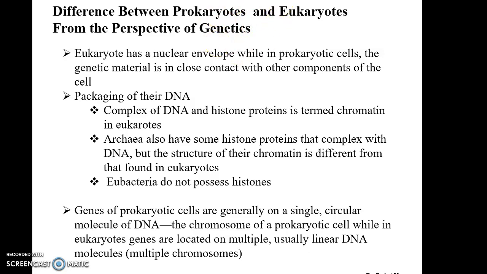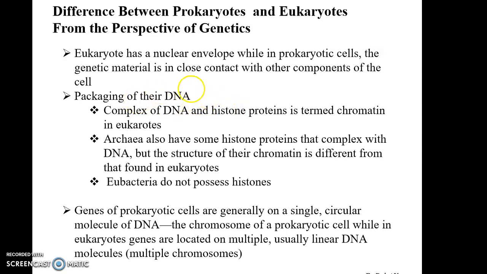Another difference from the genetic perspective is the packaging of DNA material. In eukaryotes, DNA is closely associated with a special class of proteins known as histone proteins. These histone proteins are present in eukaryotes and form the tightly packed chromosome.